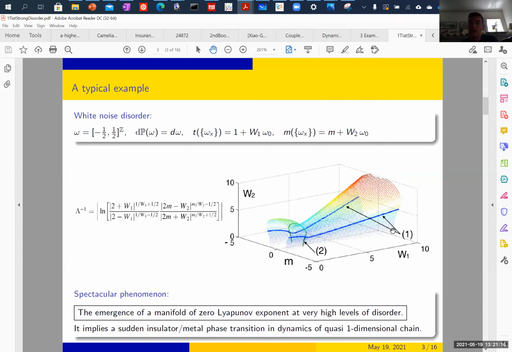So all of a sudden, at this huge random value, just to give you an orientation, W10 means the fluctuations are 10 times larger than the average of the hopping coefficients, yet you have this metallic phase which shows up.